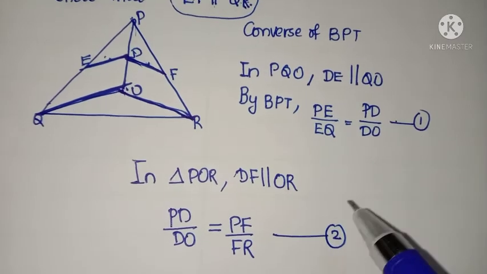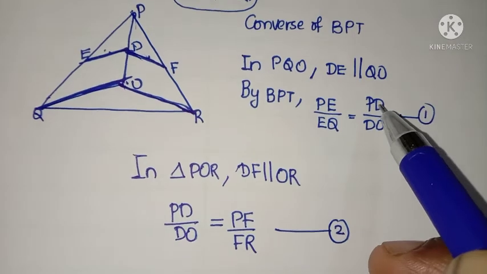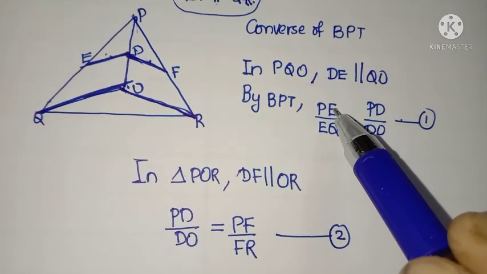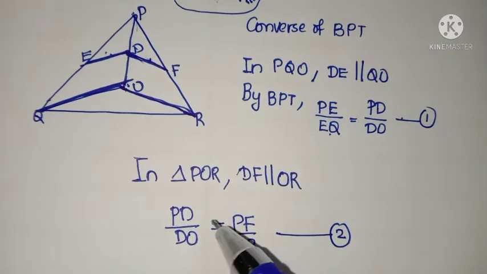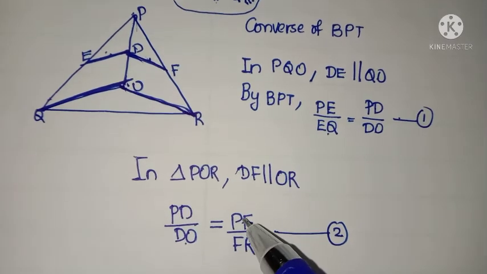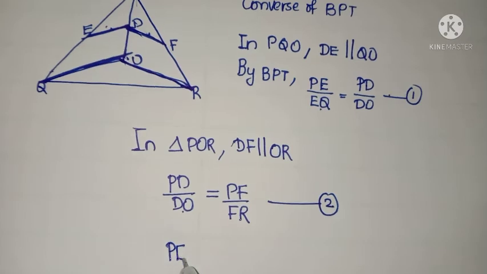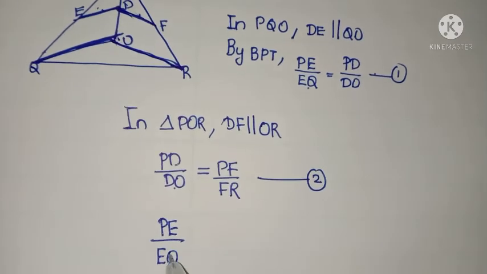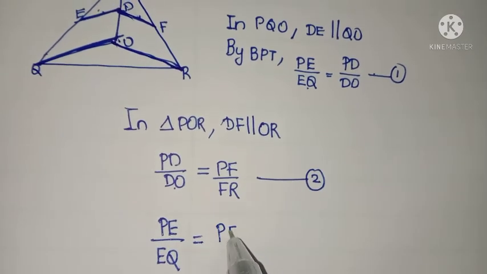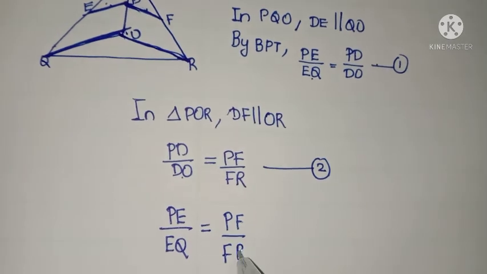So from equation 1 and equation 2, PD by DO is equal to PE by EQ. PD by DO is equal to PF by FR. That means PE by EQ is equal to PF by FR.